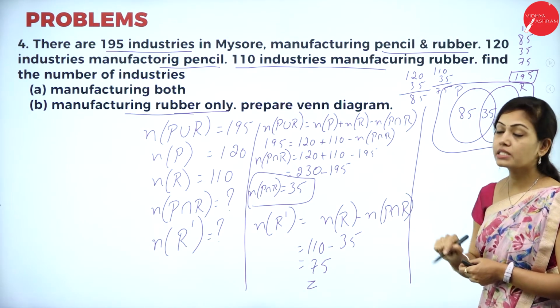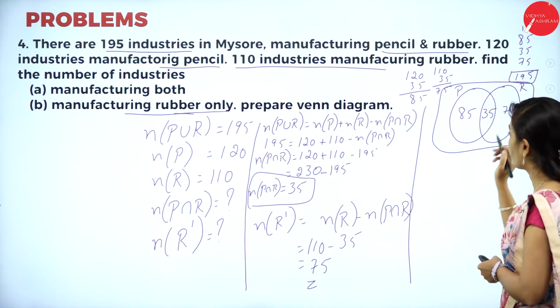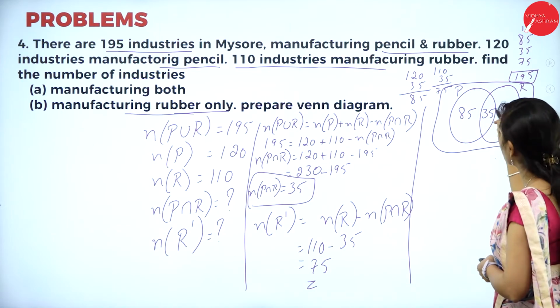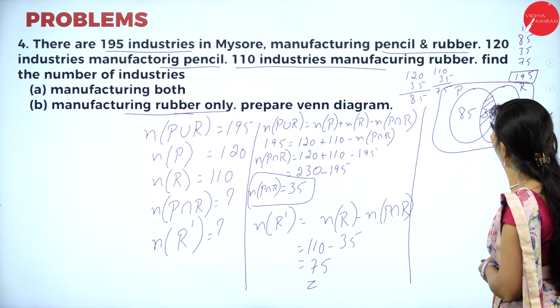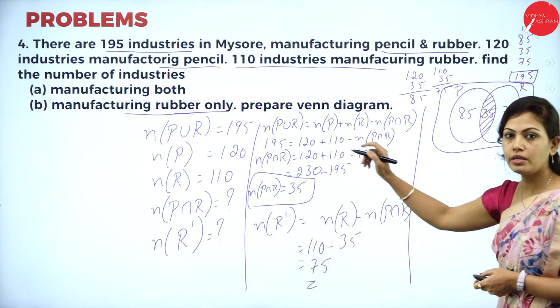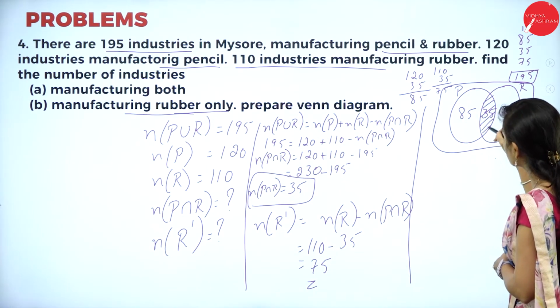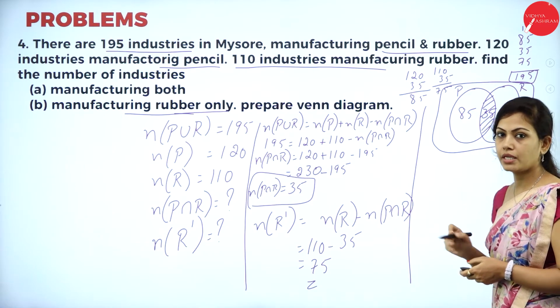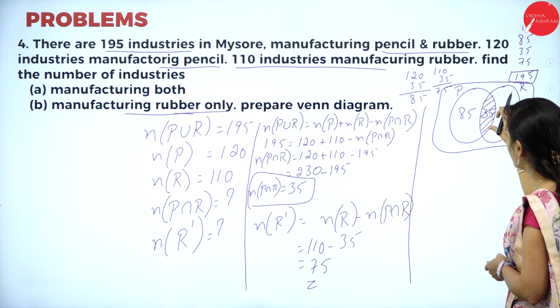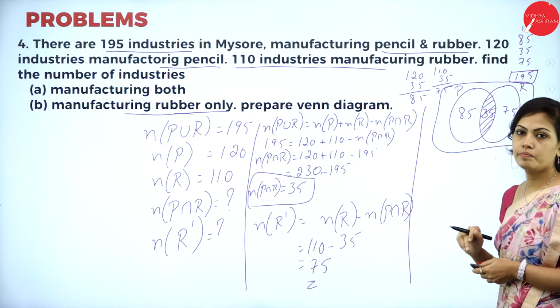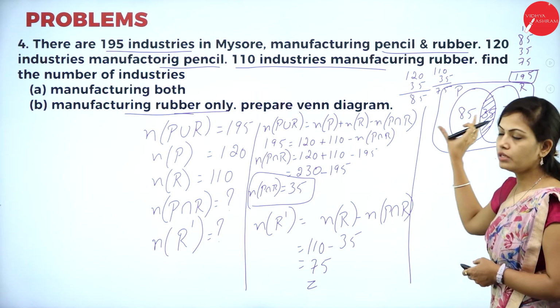Manufacturing both means this is the area called P intersection R. So have to shade this area only. So you have to shade only this area, the overlapping area, that is the common region for manufacturing both pencil and rubber. So this is your first question, Venn diagram.